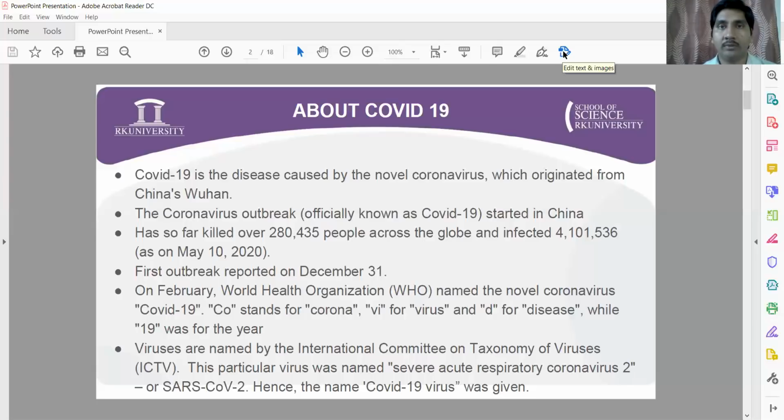Now, you might have heard the term SARS previously. It stands for Severe Acute Respiratory Syndrome. SARS is again a disease caused by a coronavirus, which was first reported in 2002. We will discuss a glimpse of this in a later section.